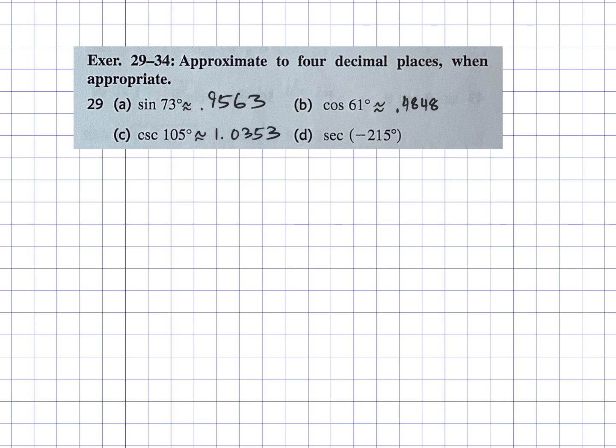And then the secant is the same thing as 1 over, this was 1 over the sine, this is 1 over the cosine. Negative 215 degrees. So do the cosine of negative 215 degrees, and then do 1 divided by that answer. So that is going to be approximately negative 1.2208.